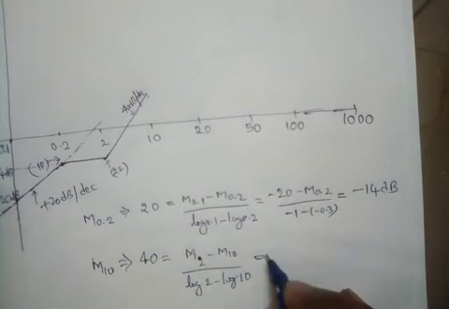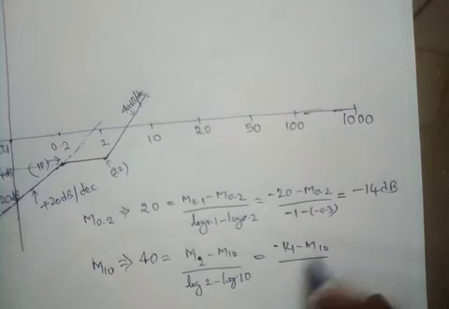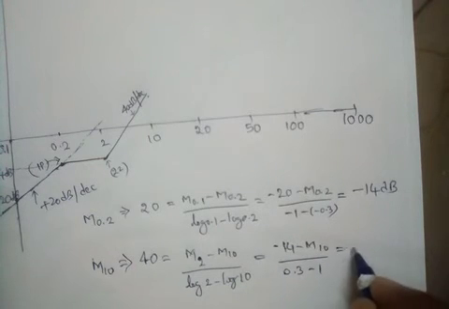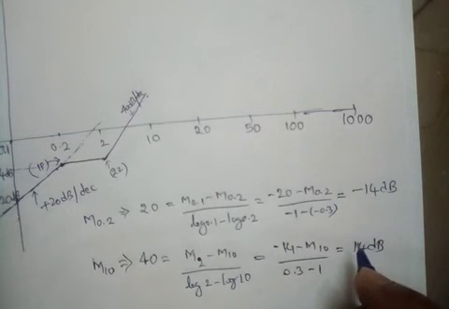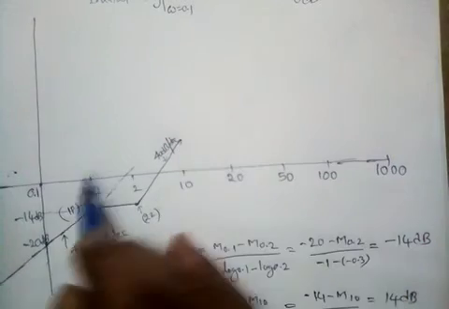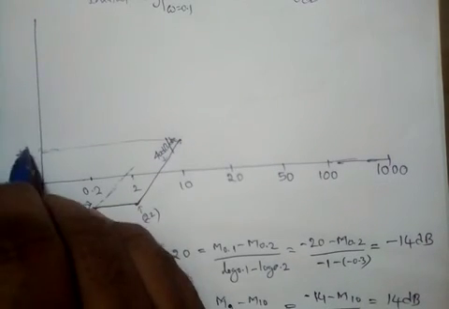Magnitude at 2 is minus 14, magnitude at 10 over 0.3 minus 1 comes as plus 40 dB. So magnitude at 10 is plus 14 dB.